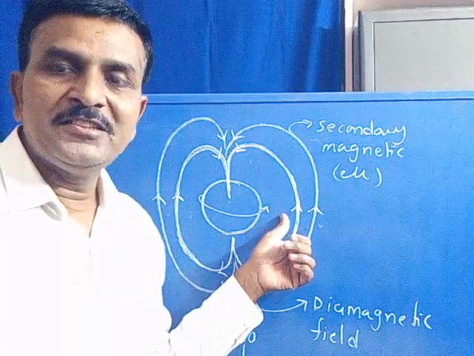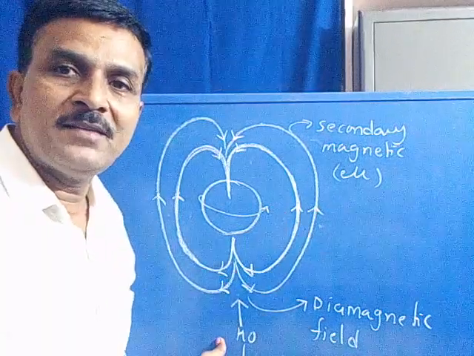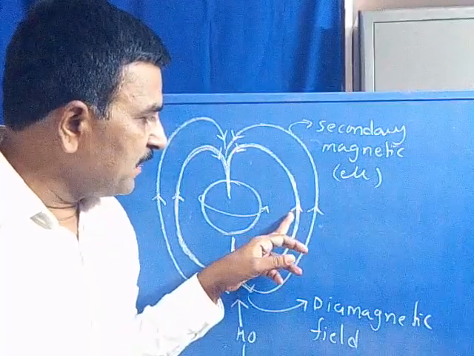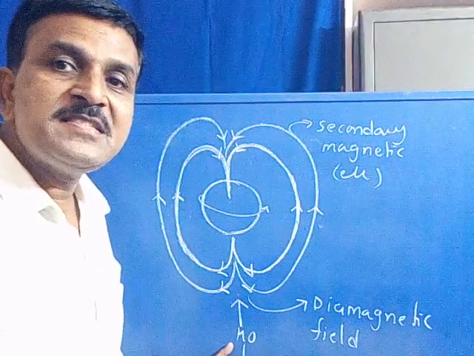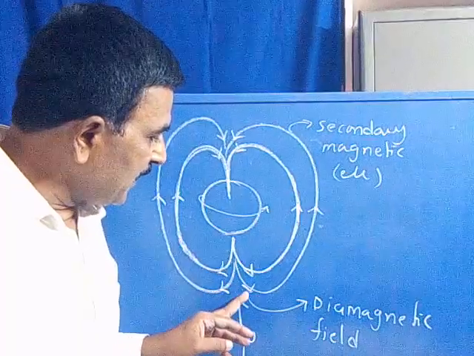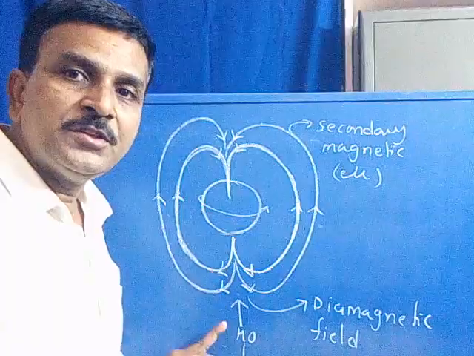Similarly, the secondary magnetic field where its direction is aligned with the direction of the external or applied magnetic field. You can see the direction of the secondary magnetic field and the direction of the applied magnetic field are the same, whereas here the direction of the secondary magnetic field and the direction of the external magnetic field are opposite.